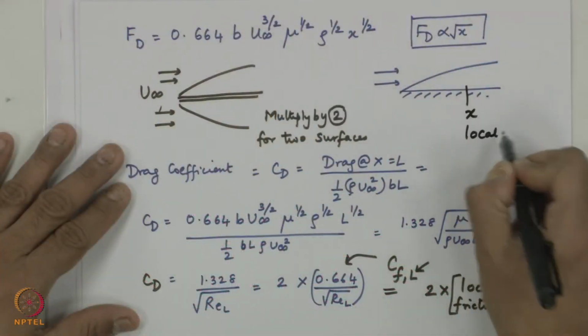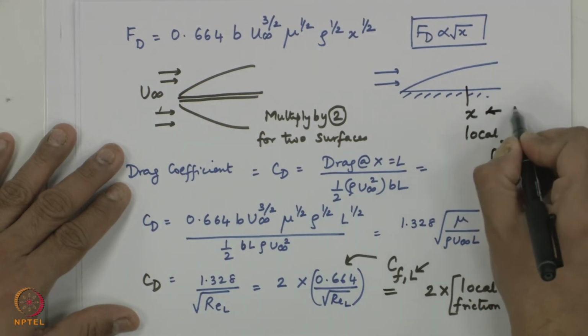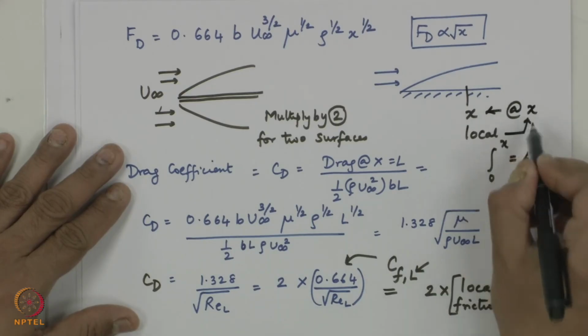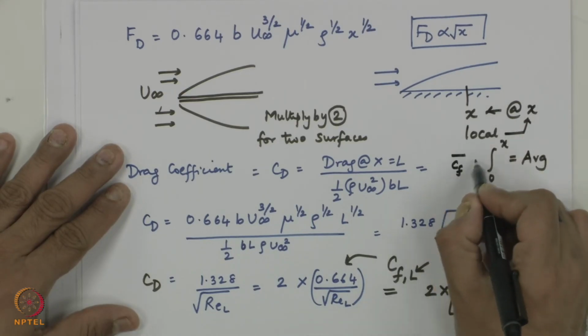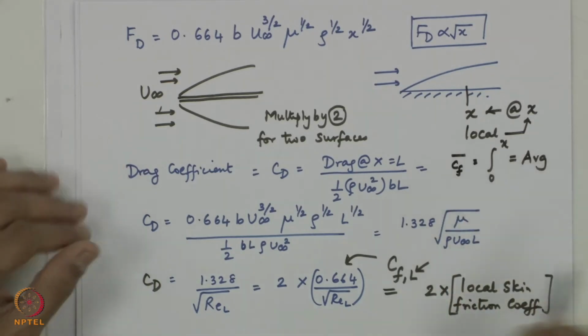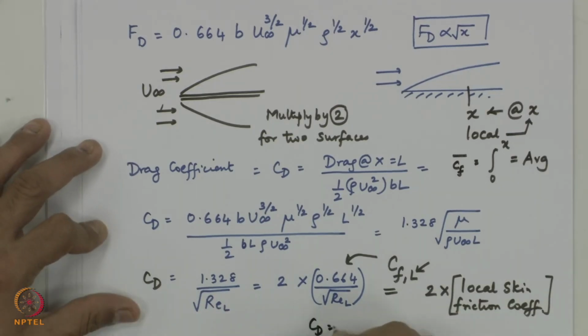When I have subscript L or subscript x, it represents local, Reynolds number local. When I do 0 to x, that means it is average. This is at x, it is called local. Integrated would have a bar over it, so Cf bar, CD bar is the average value. So, the average value of the drag coefficient CD is 2 times Cf at the local value.